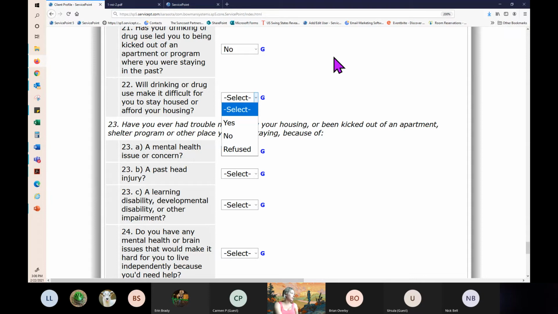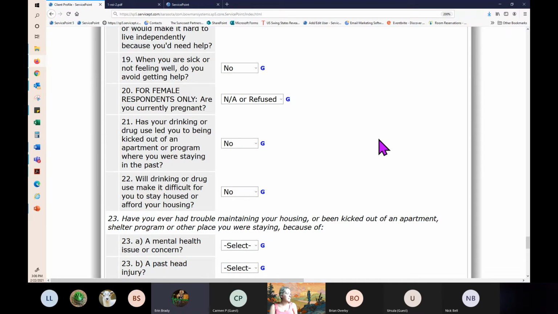At a time there, go ahead, Aaron. Yes. Sorry. I was going to say, and to note on that, that's where that conversation piece is actually very helpful, because oftentimes if you ask a question like, will drinking or drug use make it difficult, they'll say, oh no, I've never been evicted or had any issues like that.